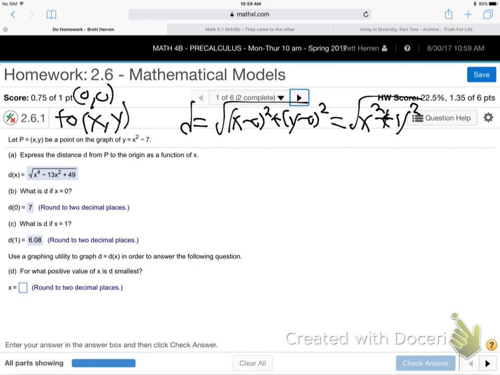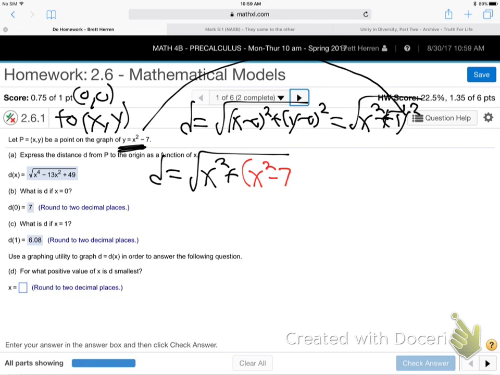Distance from the origin to any point (x, y) on this graph. But since that point is on this graph, I'm allowed to plug in for y right there and get x squared plus, and then what becomes of that y? (x squared minus 7) squared. We good to there?